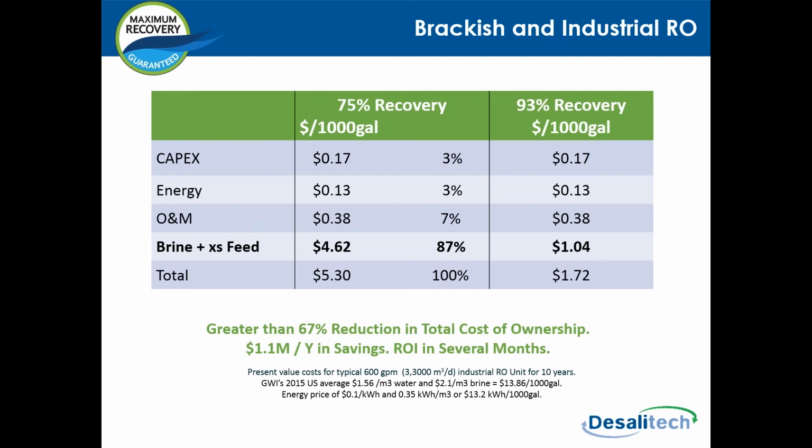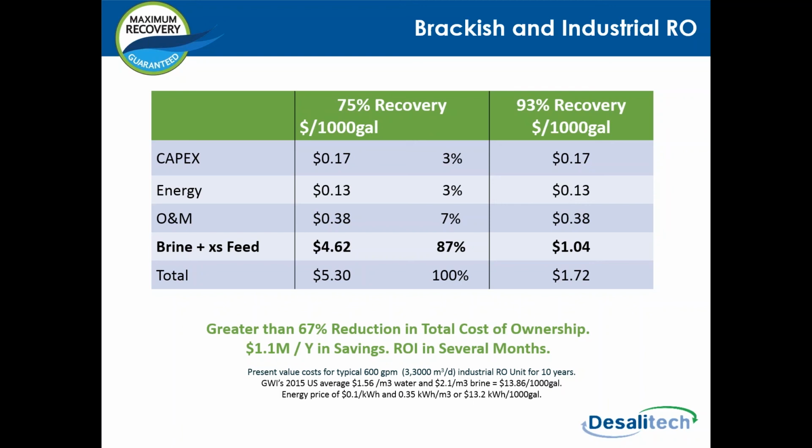Here are some numbers around the cost of doing brackish or industrial water RO with a typical system for a typical lifetime. The center numbers are at 75% recovery, which is pretty much the standard for industrial and brackish RO. What you see is that the capital costs, the energy cost, and the operations and maintenance costs are actually less than 15% of the total cost of ownership, and the biggest cost is the cost of water.